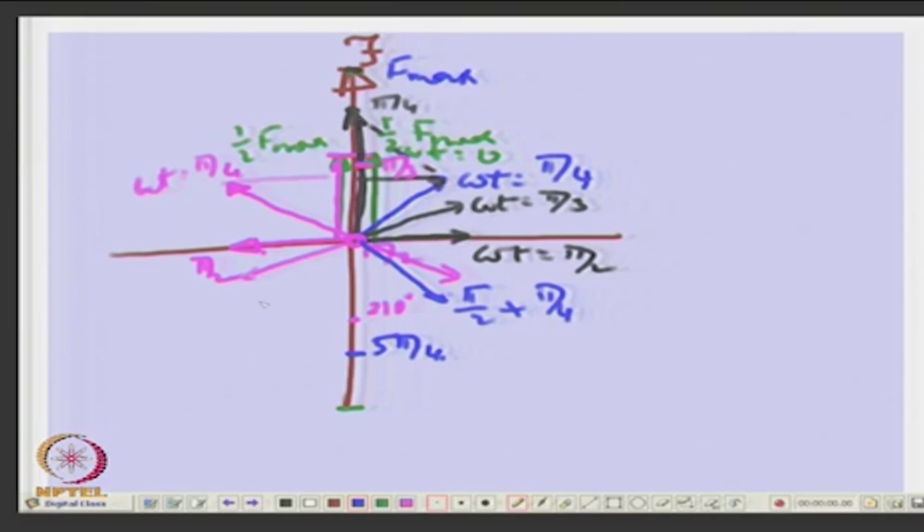So, you can repeat the same thing. This will be at 180 plus 30 degrees, and then what will this be? It will be 6 pi by 4 or 3 pi by 2. And this will be pi. At pi what is happening? One magnet is here and the other magnet is here.